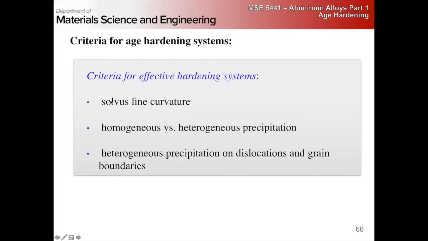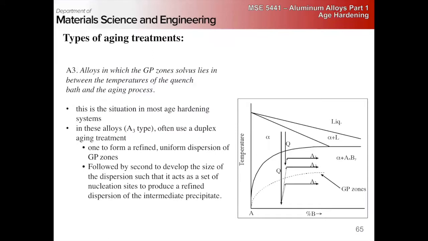What do I mean by solvus line curvature? Right here. If I don't have a pronounced region where at an elevated temperature I have a solid solution, right? I'm not going to be able to quench and create a large supersaturation, right?